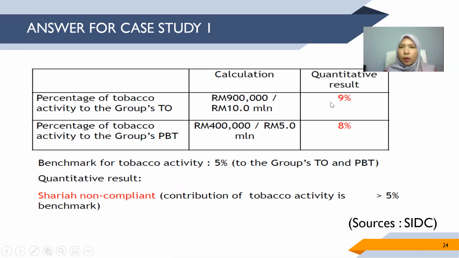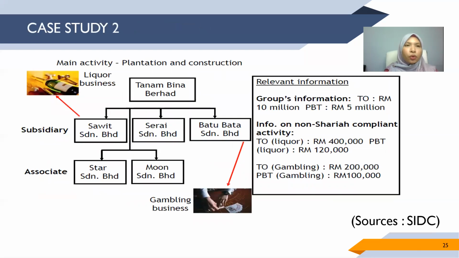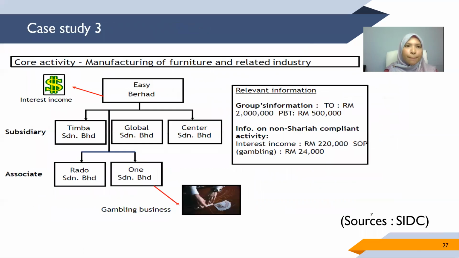Okay, walaupun ada satu kat sini 4%, tak boleh. Yang ni pula 4%. So kalau 4, consider Shariah compliant. Tapi kalau kat sini 4, kat sini 8, itu consider non-Shariah compliant. So TO must be Shariah compliant, PBT must be Shariah compliant. All of the elements and activities must be Shariah compliant. Okay, you can go through all these case studies.